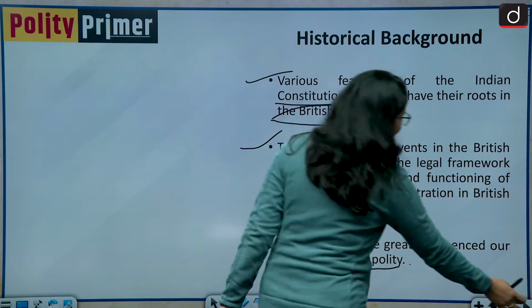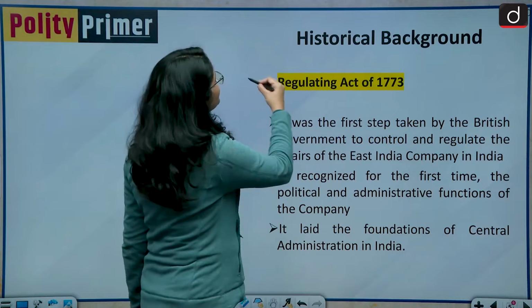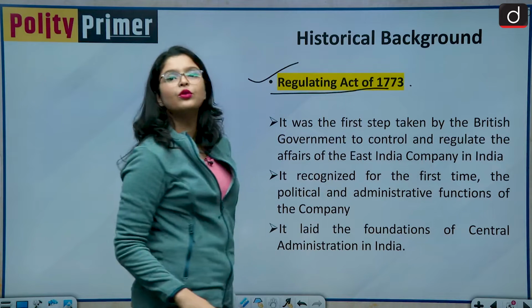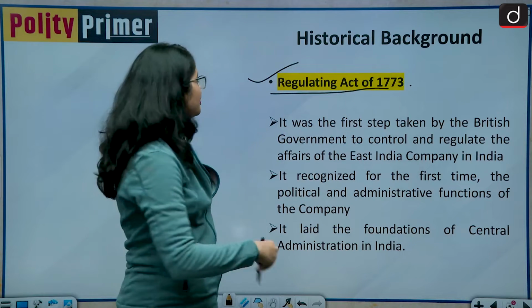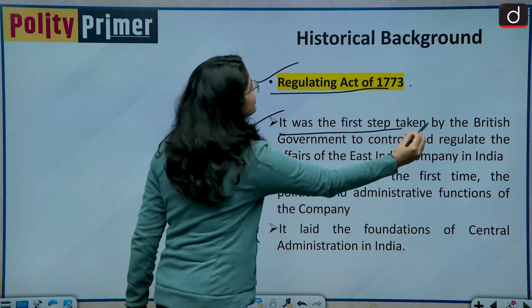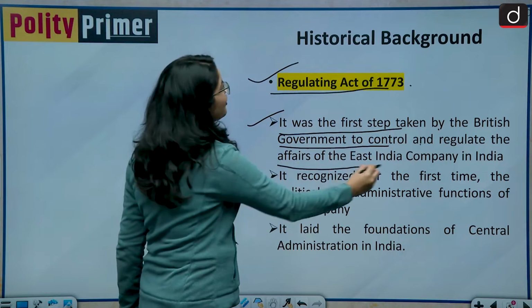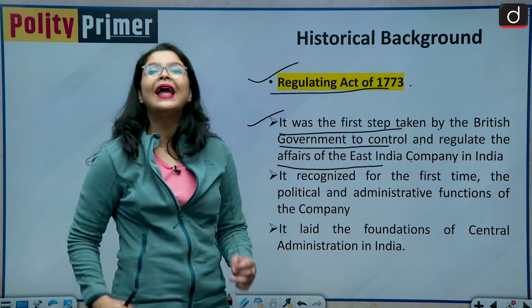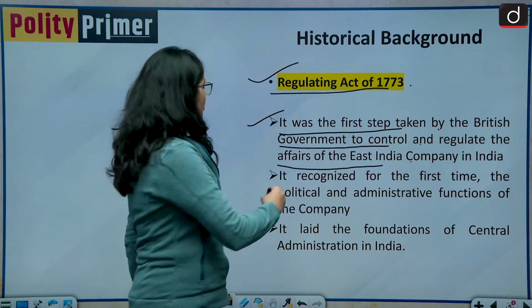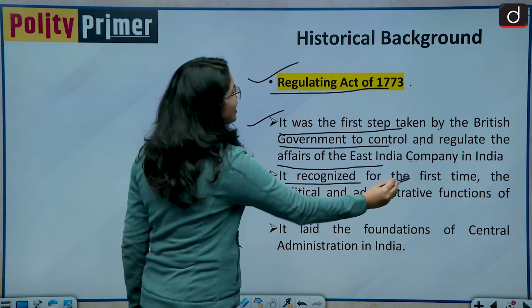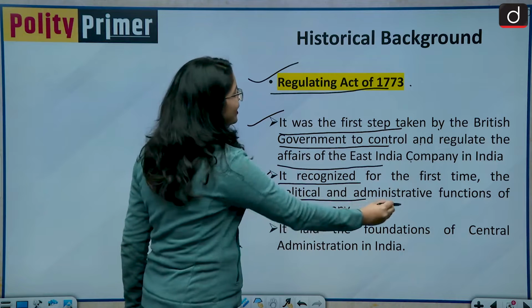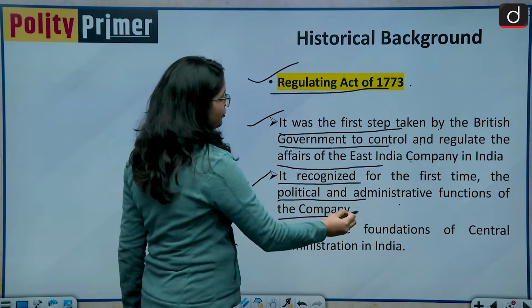Firstly, there is the Regulating Act of 1773. It was an important piece of legislation, and it was the first step taken by the British government to control and regulate the affairs of the East India Company in India. The second feature of this act was that it recognized for the first time the political and administrative functions of the company.